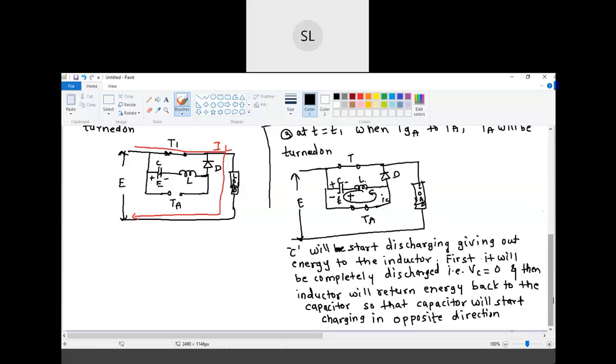Okay. At the end, the capacitor will be completely charged to supply voltage equal to minus E.